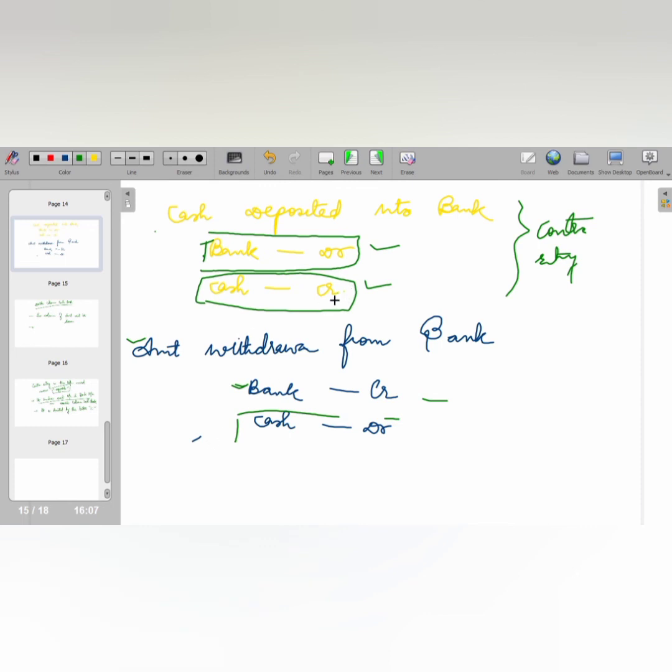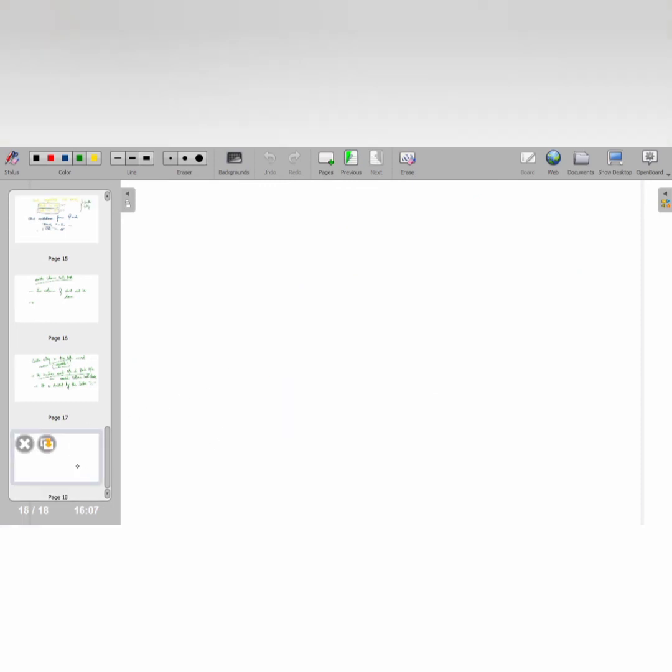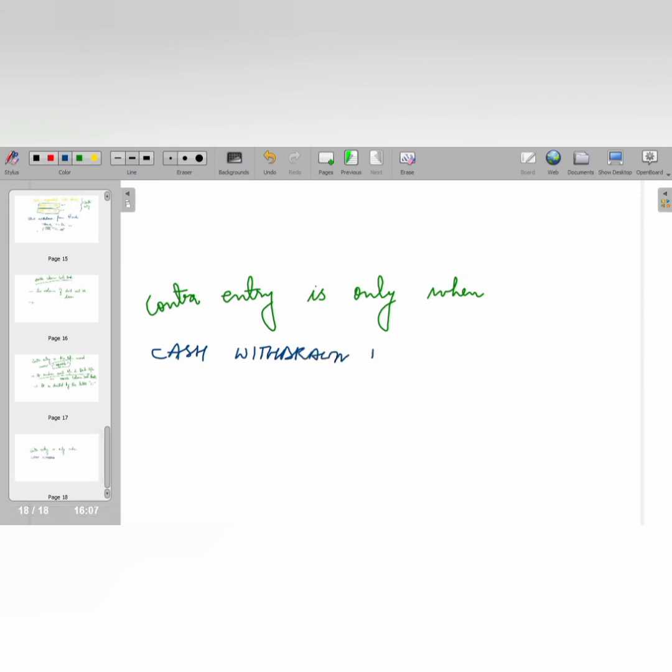Now the most important thing is here. Okay, you have to remember the contra entry is only when cash is withdrawn for business.